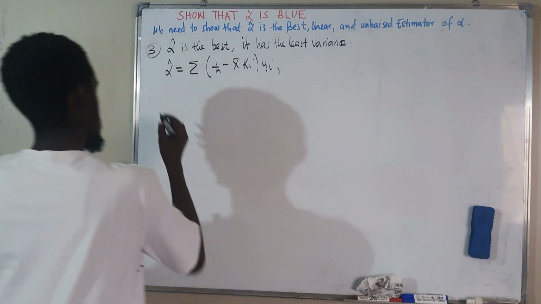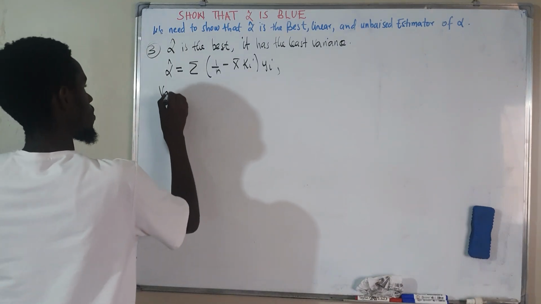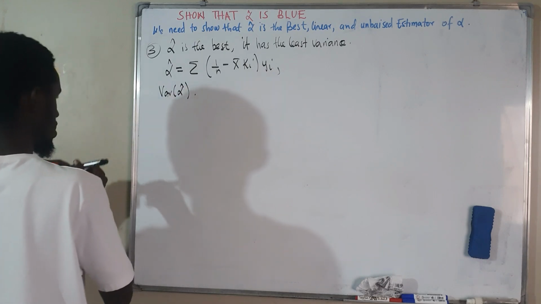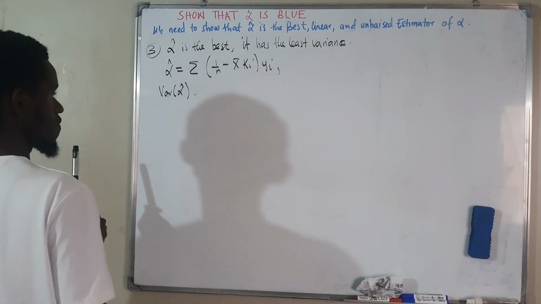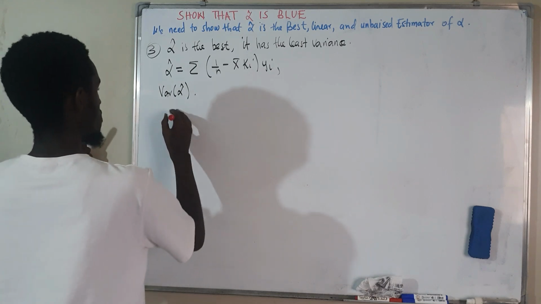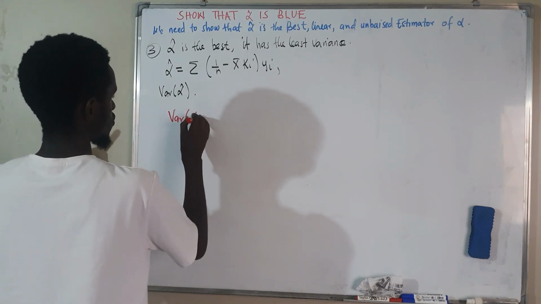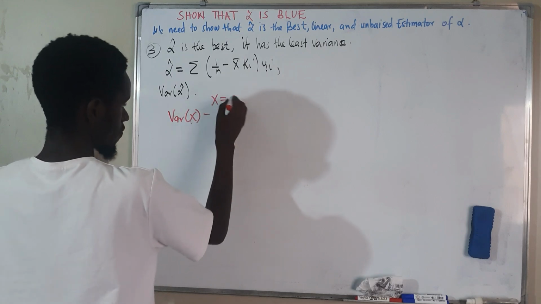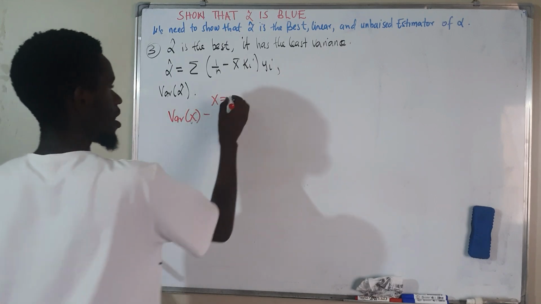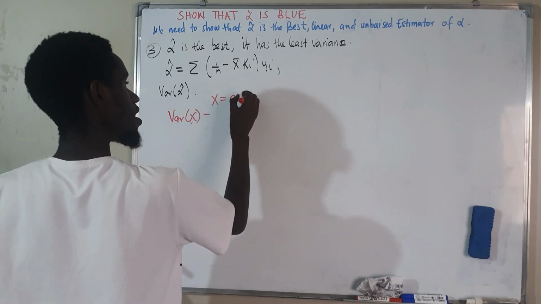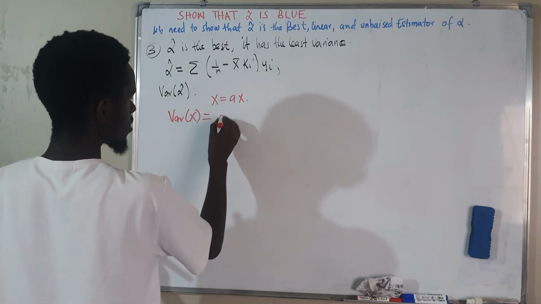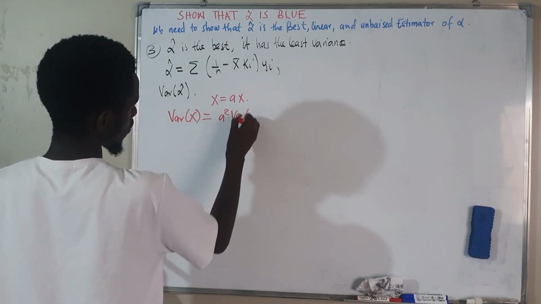Now, remember that if I'm finding the variance of x, and our x is like ax, the variance of ax is the same as a squared times the variance of x.